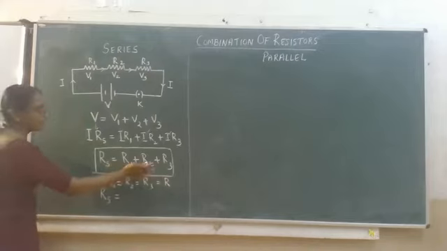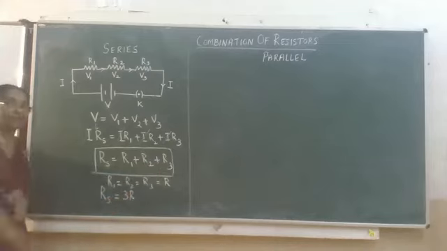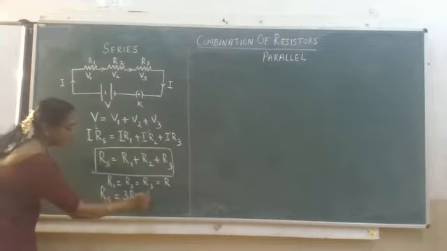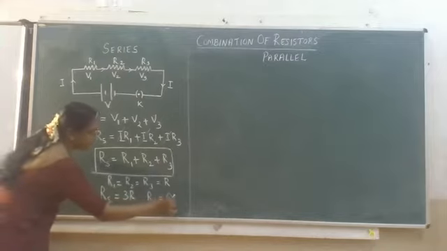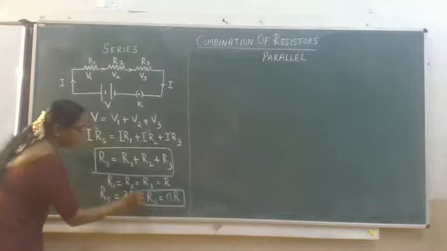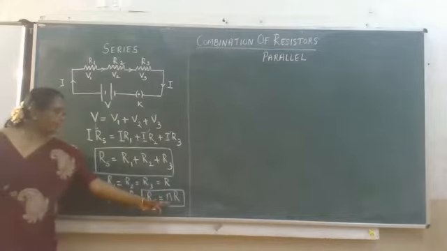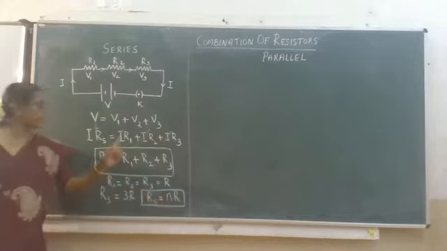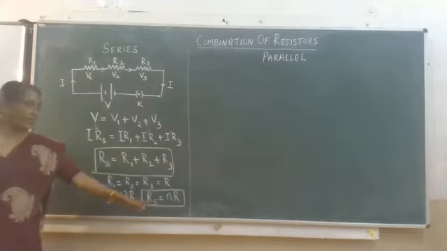R plus R plus R, which is equal to 3R. Therefore, if n equal resistors are connected in series, the effective resistance will be nR.